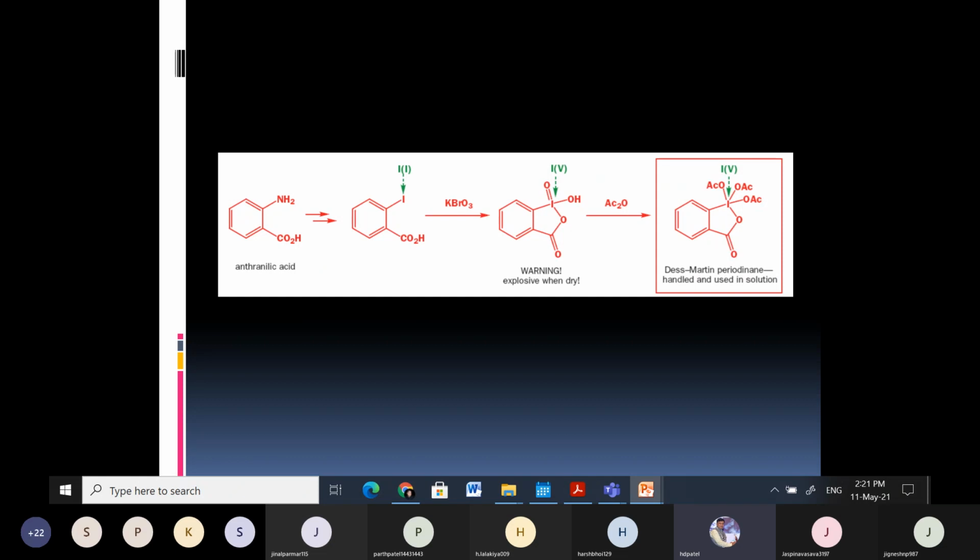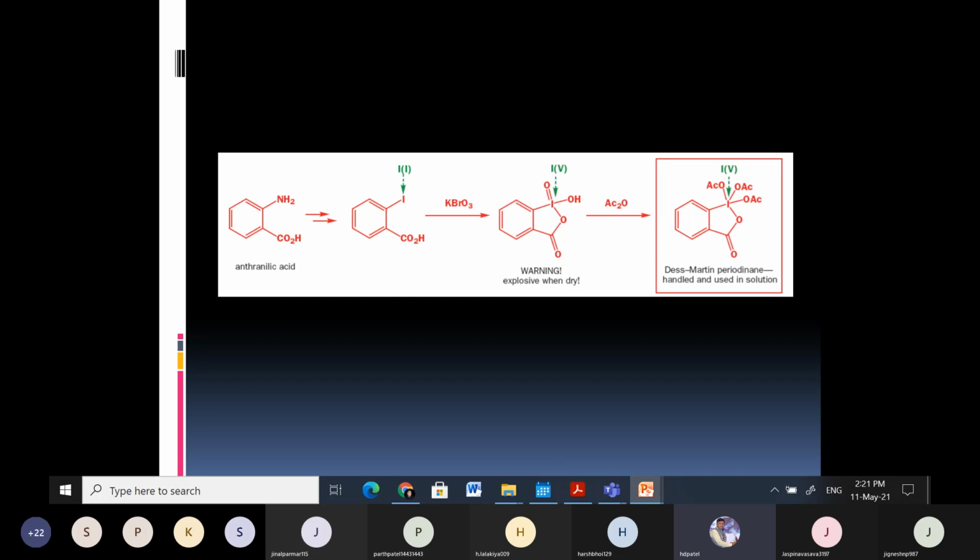But this compound also we have to handle properly. This compound is heat sensitive, so we should not apply a temperature greater than 130 degrees centigrade. Second, it is shock sensitive. So whenever we are transporting the material, we have to take care.